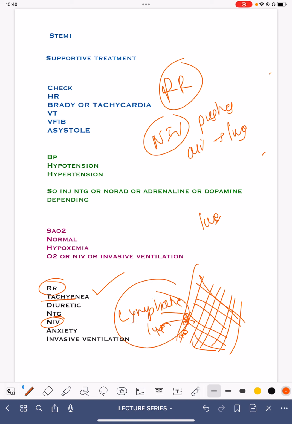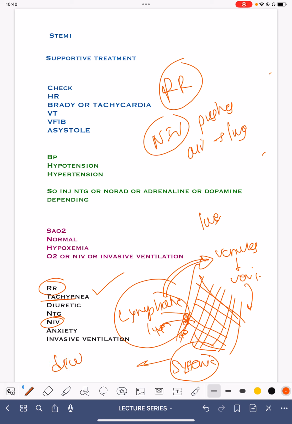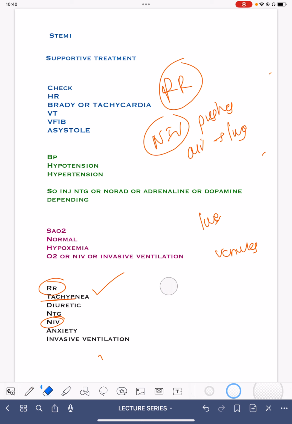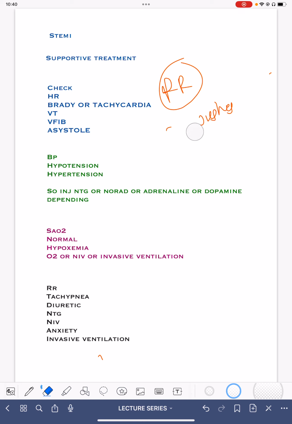And all this fluid which is drained into the lymphatics drains into the venules. These venules drain into veins, and these veins then drain into systemic circulation. And in this systemic circulation, this fluid can be drained out by the diuretics. This is how diuretics and NIV go hand in hand and work better if they are utilized in acute LVF or pulmonary edema or any MI.